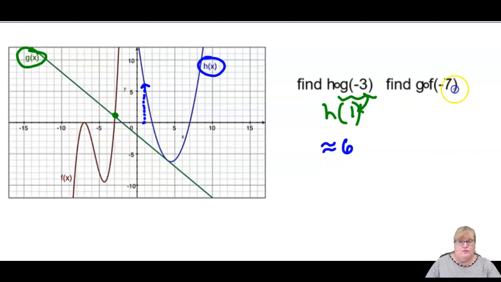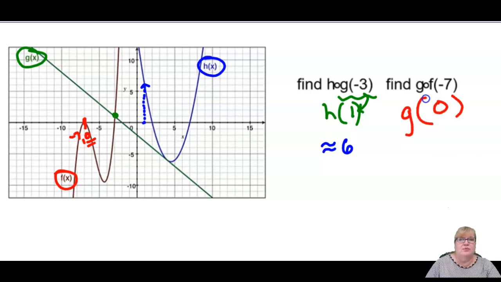All right, over here, I'm supposed to put the -7 into f. Well, f is this red cubic looking thing. If I put a -7 in there, 5, 6, 7, I'm right here. My y value right there, that's -7, 0. So my y value is 0.